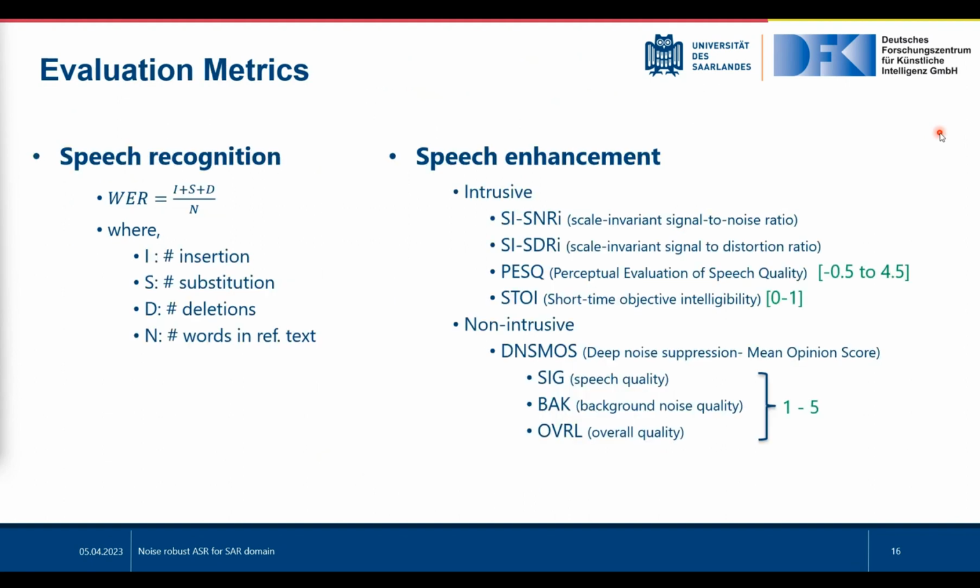Now, let's talk about the evaluation metrics. For speech recognition, we primarily use word error rate. That is the sum of the number of substitutions, insertions, and deletions averaged over the total number of words in your reference text. But for speech enhancement, we have several metrics, and they can be broadly categorized into intrusive and non-intrusive metrics. Intrusive metrics compare a reference clean speech signal and the enhanced speech signal, while non-intrusive metrics do not need any reference signal to generate their score.